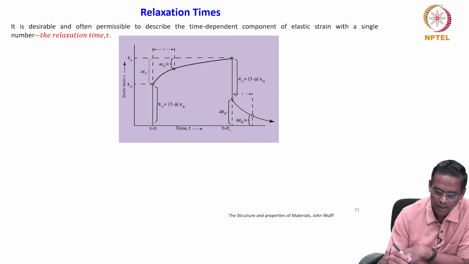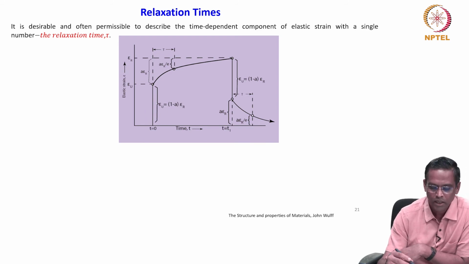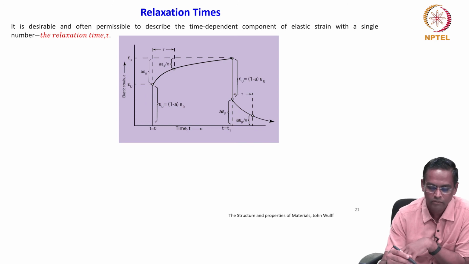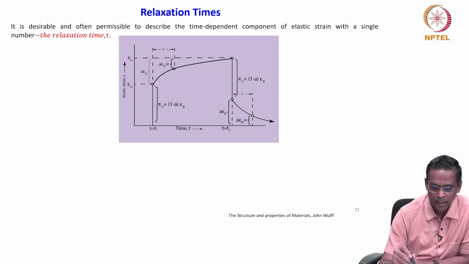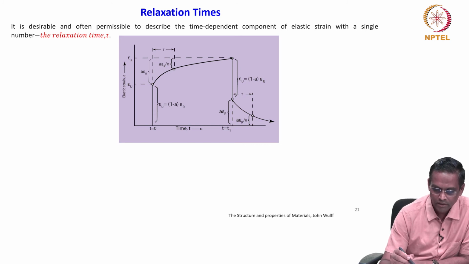So, instant loading or adiabatic loading, whichever way we look at it, the elastic strain EU is reached all of a sudden, that is t is equal to 0, and then it relaxes. Continuously the load is on, but the material relaxes to the maximum, that is ER.